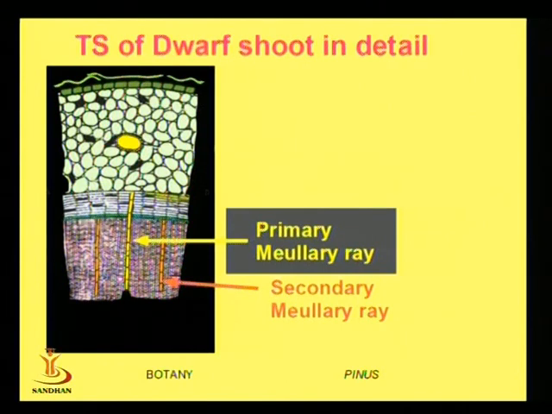They are not found in the phloem part. But primary medullary rays start from the primary phloem and are continuous up to the wood region, up to the secondary layer. So primary medullary rays and secondary medullary rays are found only here in the dwarf shoot. They are not found in the long shoot section, right?